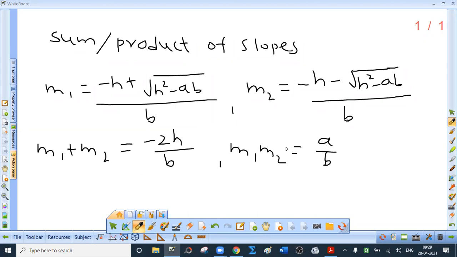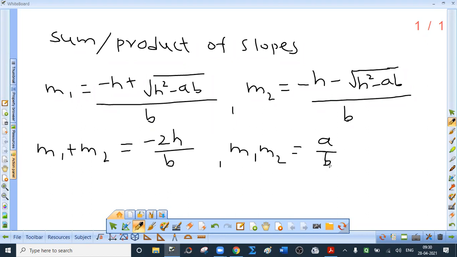See, this is the beauty of the equation. Ax square plus twice hxy plus by square equal to 0. Listen to me carefully. If we are given the joint equation, we cannot obtain individual slopes by observation, but we can directly find product of slopes and sum of the slopes. Why? Because if equation is given, coefficient of x square is a.